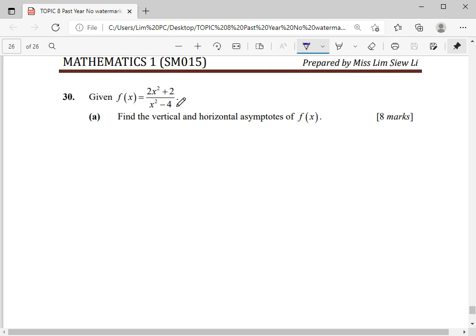So for finding our vertical asymptote, we define our x first. For a reciprocal function, or we call it a rational function, f(x) is not defined when the denominator equals 0. That means at that place we will have a vertical asymptote.